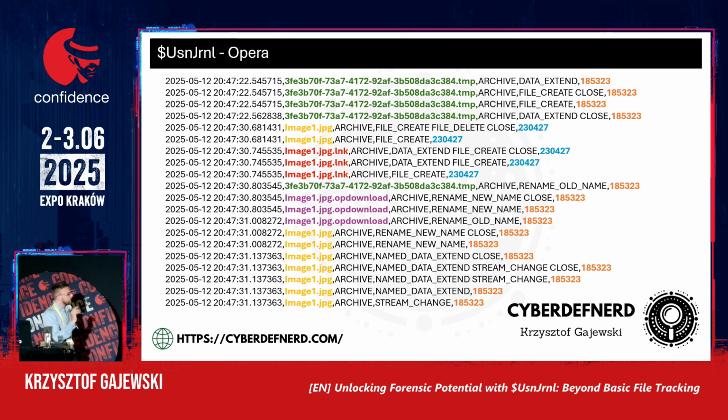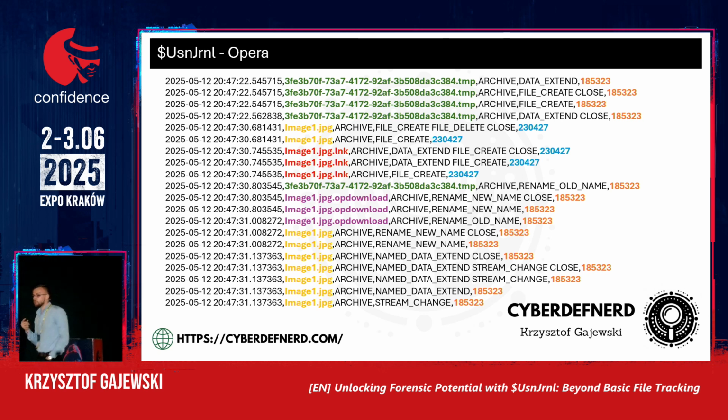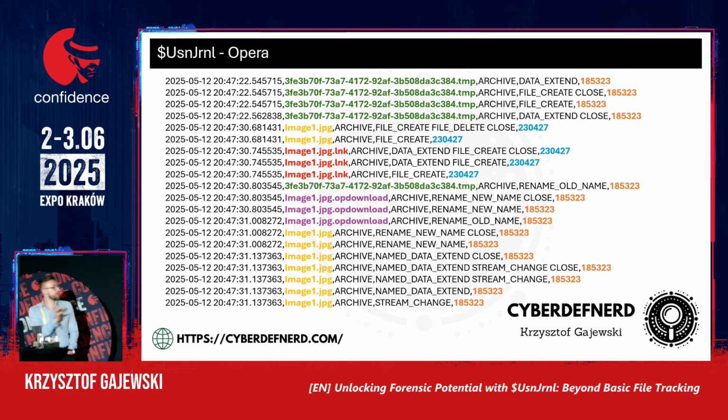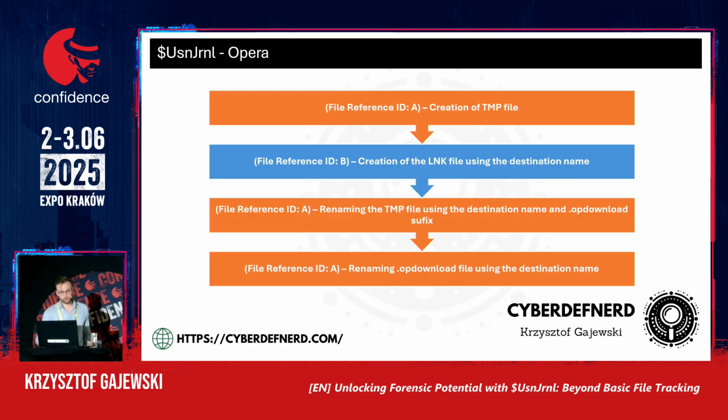But what I really care about is that first TMP file, because after that, the TMP file was renamed using the target name and the extension you can see here on the slide, OP download. This is the critical information when you are talking about Opera. And then after that, it was renamed again using the target name, the name of the executable which I chose. This happened every time I was downloading the file.